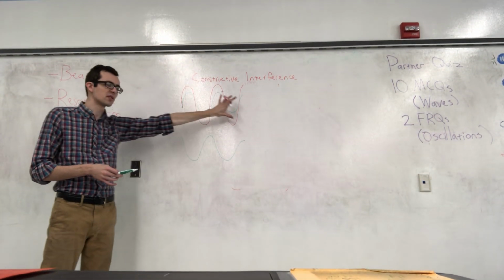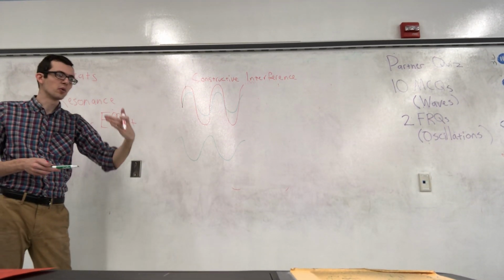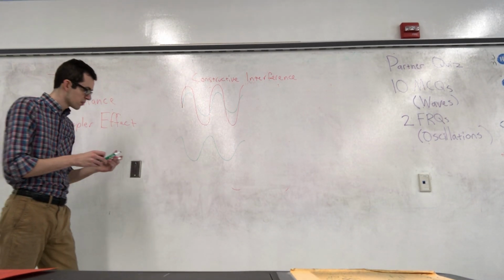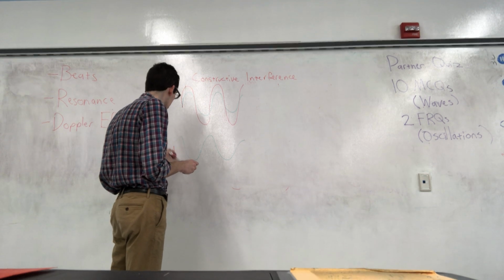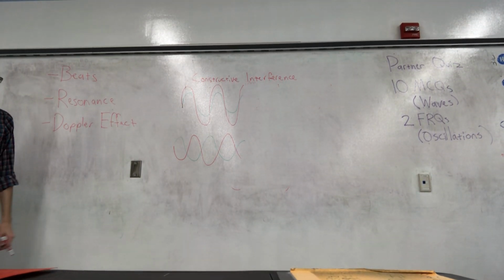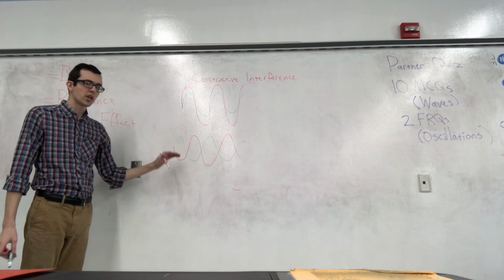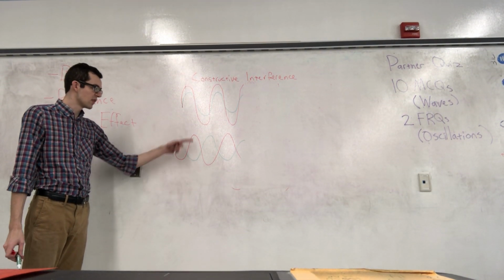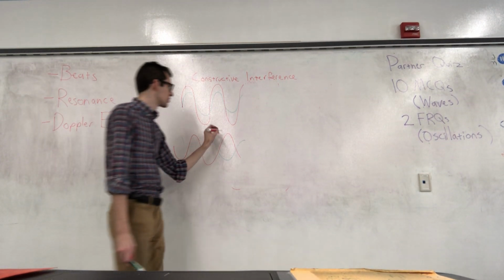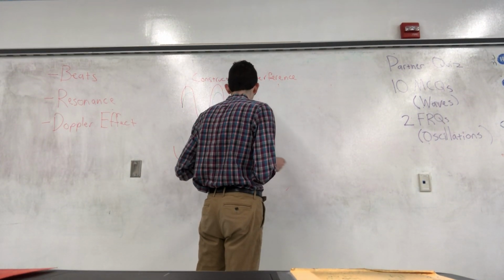And we're just drawing sound waves like this, even though we now know that they don't look like this, but it's an easy way to draw waves. So destructive interference is where at any given point, your two waves, when they add up, will cancel each other out. So a positive amplitude and a negative amplitude will end up with 0. Here's your noise-canceling headphones. This is destructive interference.